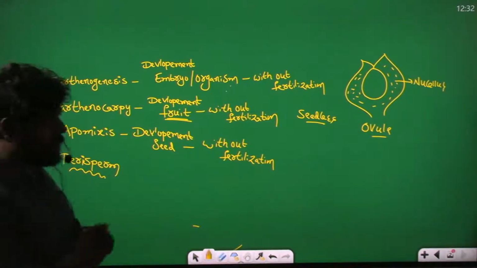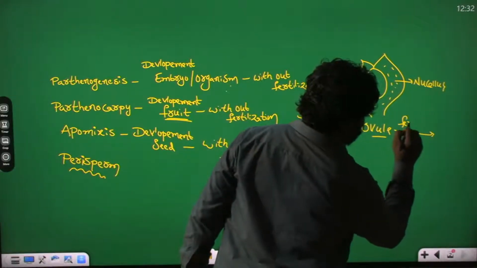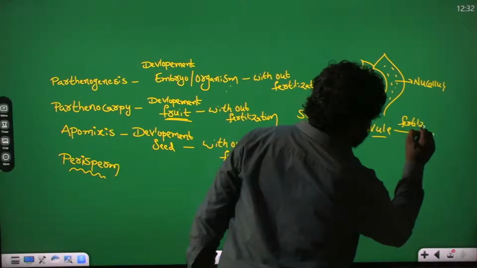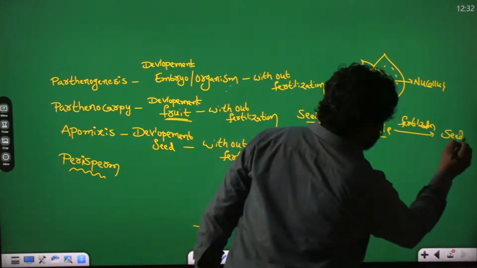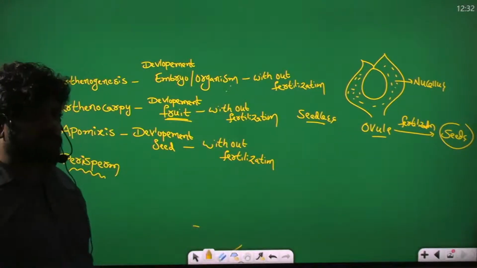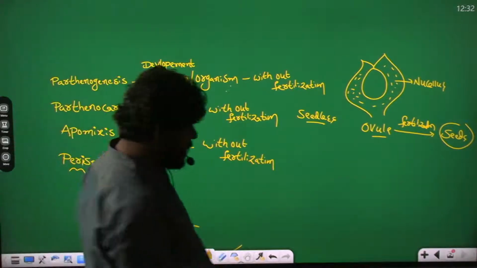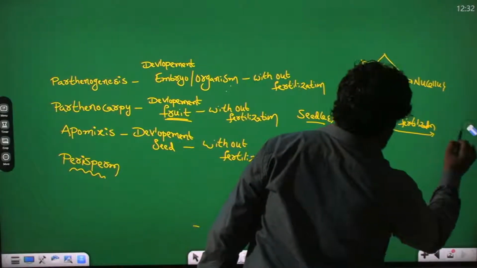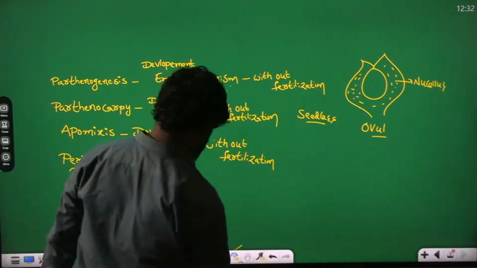Okay? Listen, after the process of fertilization, these ovules are developed into what? Seeds. After the process of fertilization, what happened? Ovules are developed into seed. See, here I am taking a diagram.